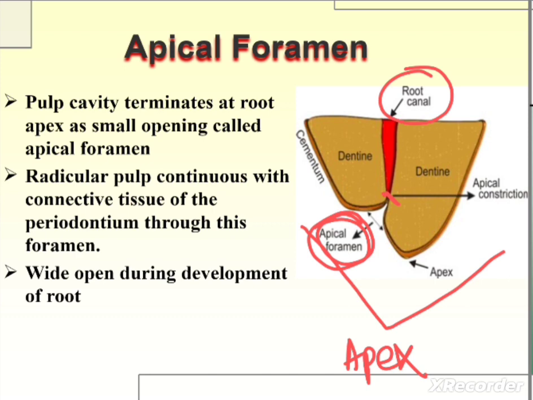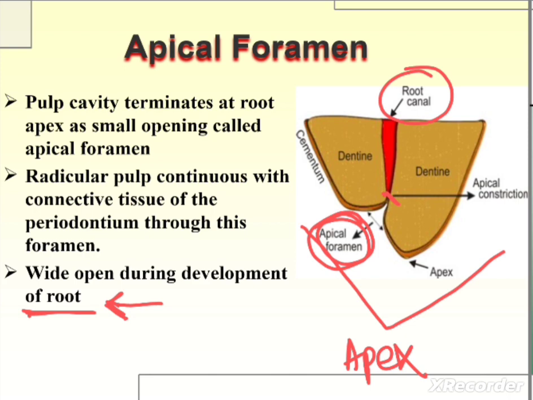Wide open during development of the root. This means that during the developing stage of a tooth, that is in an immature permanent teeth, the apical foramen is wide open. So in an immature permanent teeth, we call it as open apex or a blunderbuss canal.